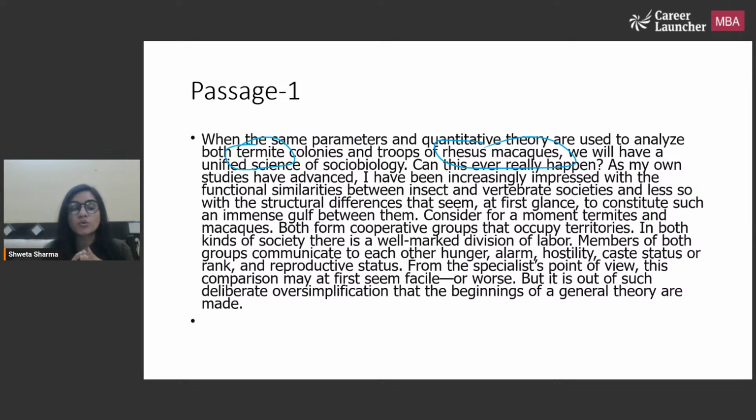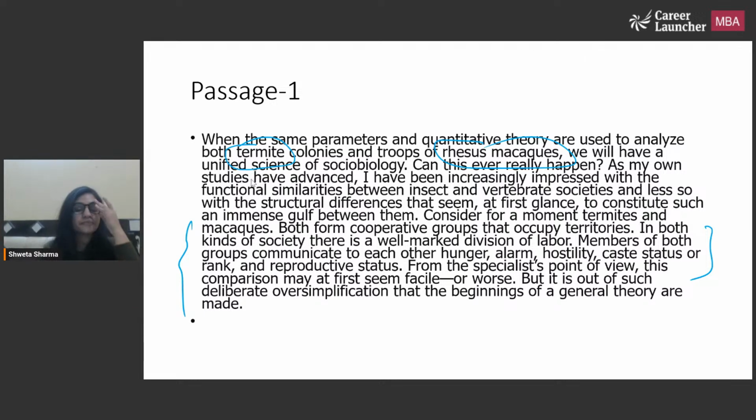So it's a unified science of sociobiology, as in the similarity they have in terms of the culture they have, given to the descendants, right? The lineage which is followed is the same in both the classes, whether it's a vertebrate, a monkey we're talking about, or a termite we're referring to, right? So both sections of society have similar sorts of behavior.